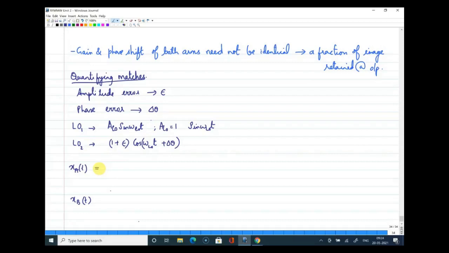I hope you are writing along with me. Are you writing along with me? Yes, sir. Then can you read from what you have written so far by including this change in amplitude and phase?